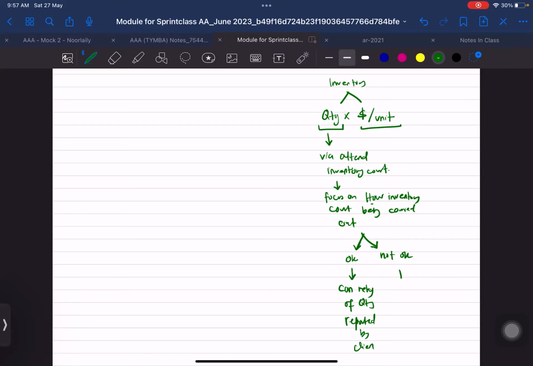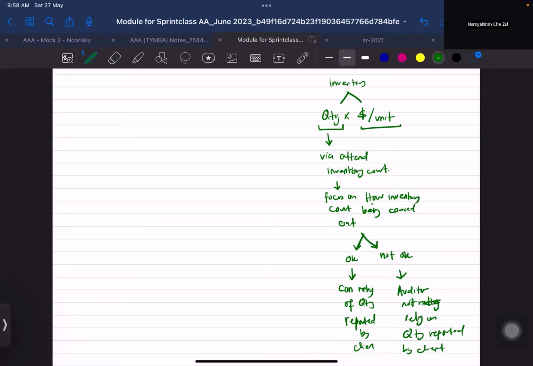If the internal control during that inventory count is not okay, then the auditor is not going to rely on the quantity reported by the client. Perhaps the auditor is going to recount a lot more samples.